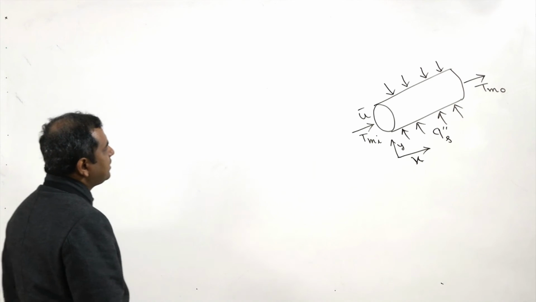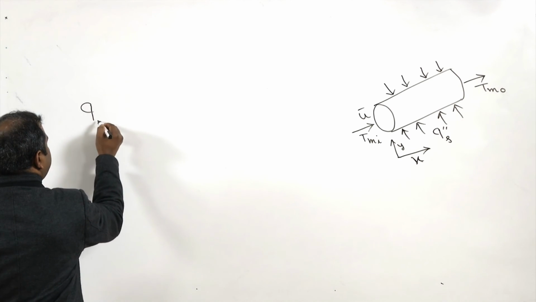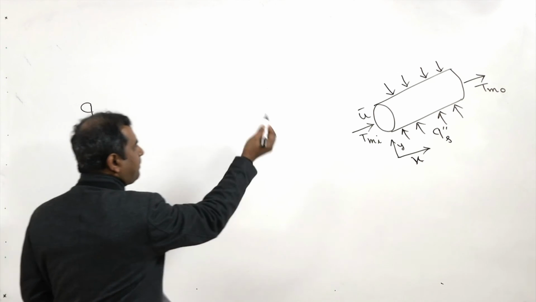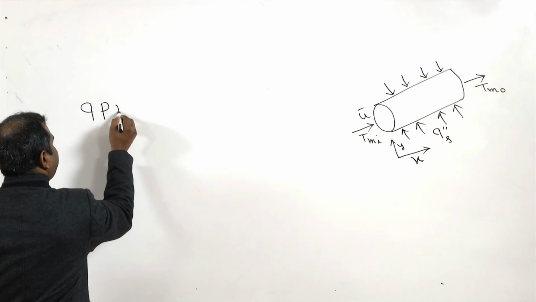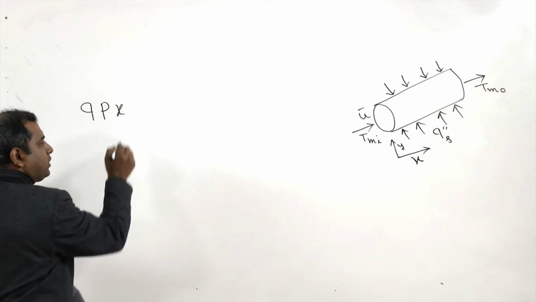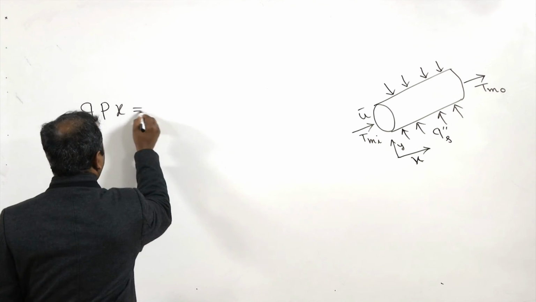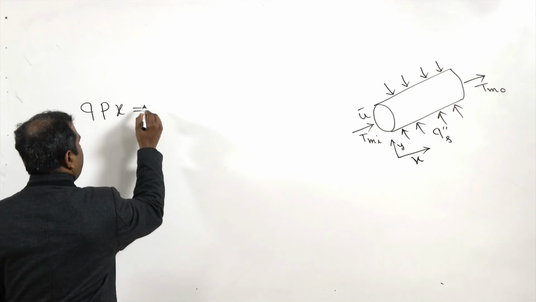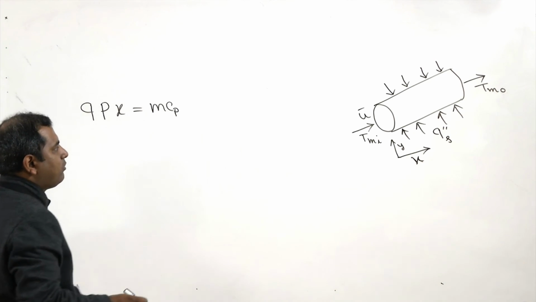In this case we can write down that Q amount of heat is being supplied to the pipe wall. So, Q into perimeter of the pipe and length x. So, this is the total area through which the heat is being supplied. So, Q into P into x is equal to, this amount of heat will be taken by the water inside.